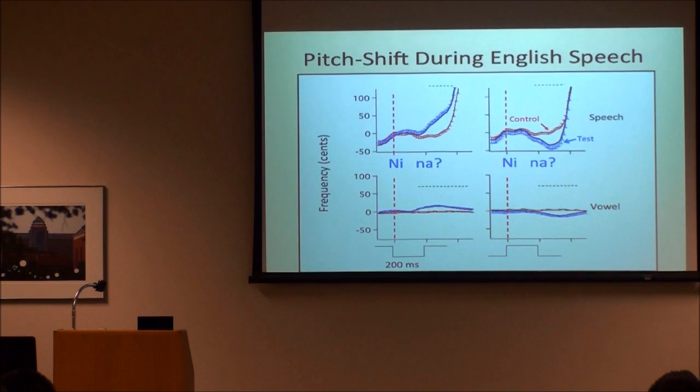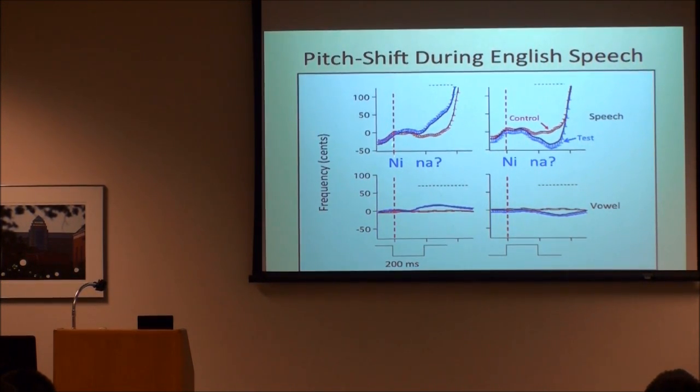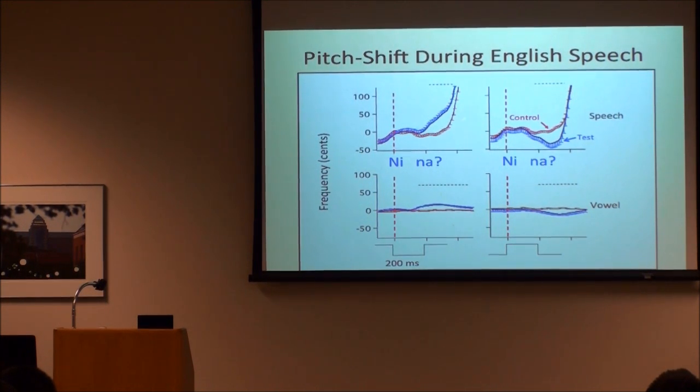And what we did then is we introduced these pitch shift stimuli you see at the bottom, indicated by the dashed line. And on the left, there's a downward pitch shift stimulus. The black lines indicate the control trials in which there's no stimulus, and then the blue lines indicate the trials where there's a response to the pitch shift stimulus.